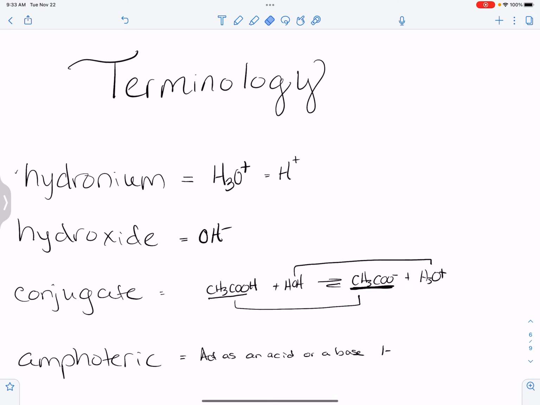Examples would be HS-, HSO4-, another example would be H2PO4- or even HPO4 2-. All of those have charges and they all have at least one H.